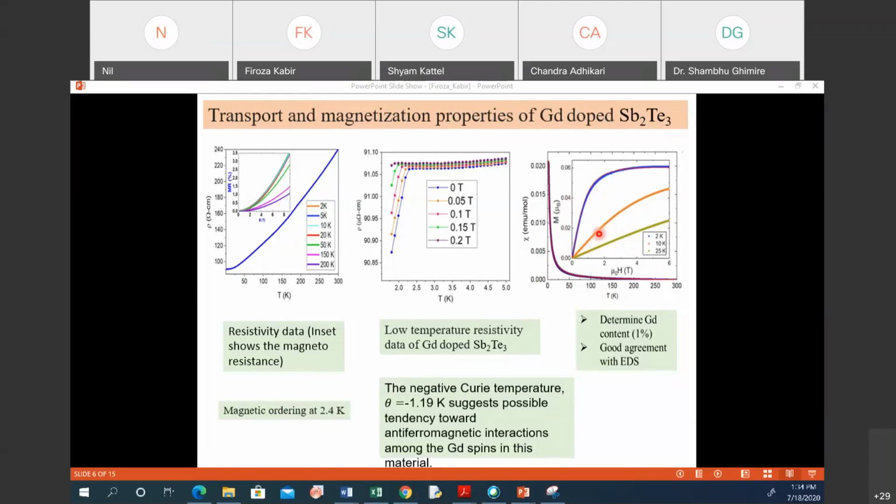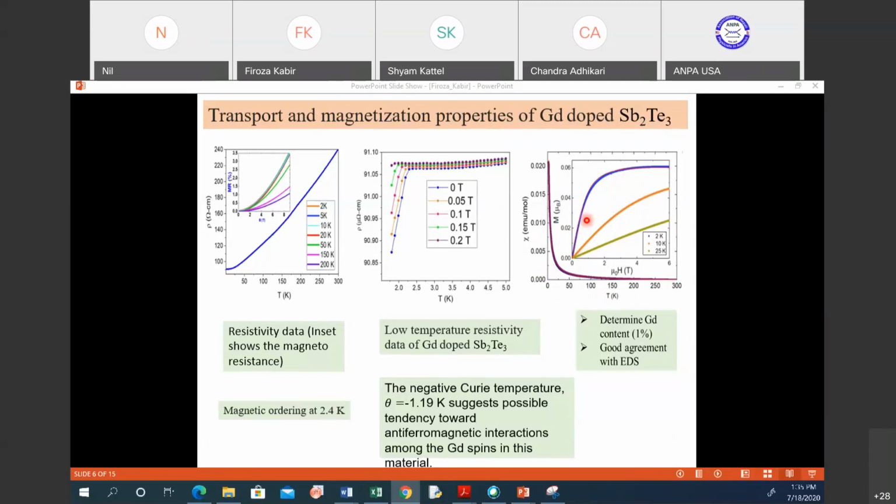This inset shows the field dependence of the magnetization at various temperatures. From the fitting of this graph, we got the Gd content to be 0.9%, which is very close to the value of 1% that we got from our EDS data.